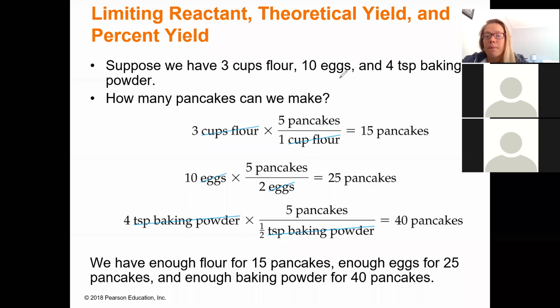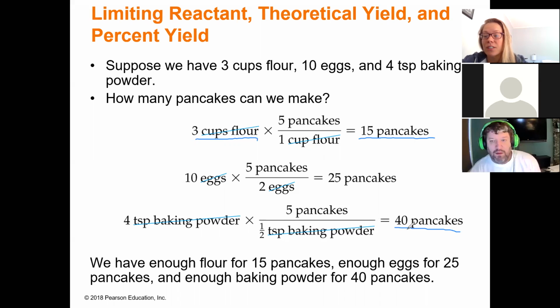So the limiting reactant here is going to be the flour. The theoretical yield is going to be 15 pancakes. Why can we only make 15 pancakes? Because we're held back by the amount of flour we have. And it's like, well, can't we make 40 pancakes because that's how much baking powder we have? Sure, but then you're just going to have a pancake that is mostly baking powder and doesn't have the right amounts of the other things.